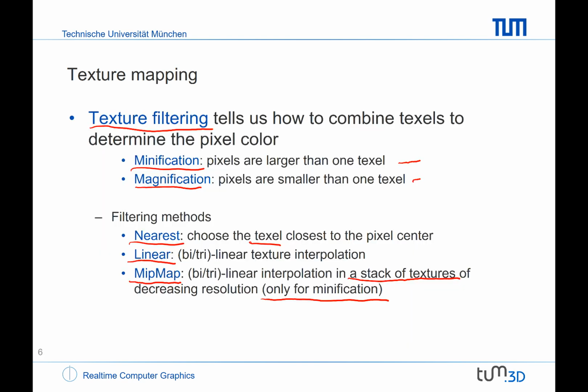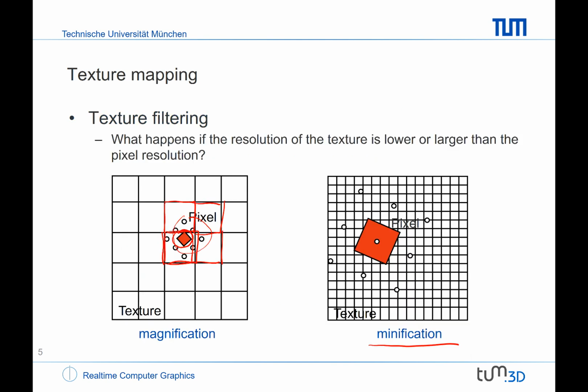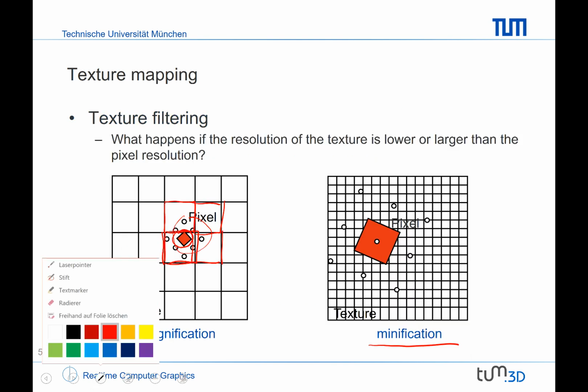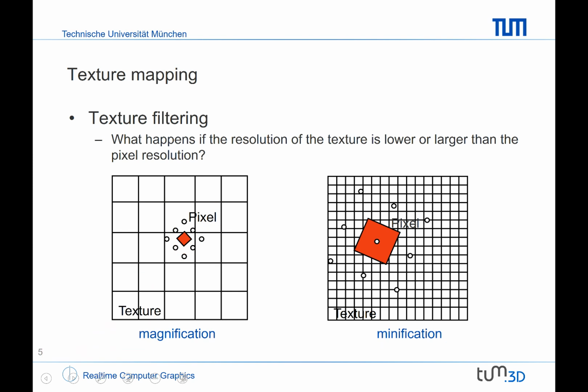Now we have said magnification, the pixels are now smaller than one texel, and we have already seen that when looking at the example here. Let me just quickly remove that. Now, if we look at that red pixel here, and we ask, what is the color of the texture that is seen through that pixel?